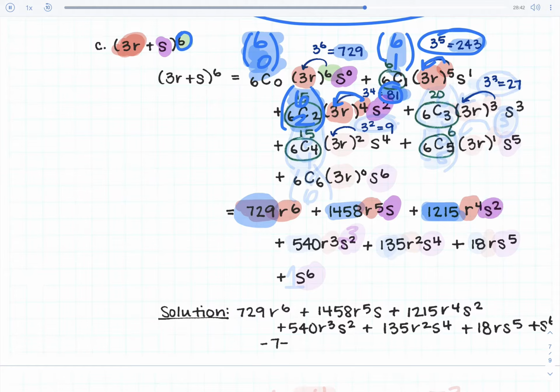Next one, now we're going to take our 3r, and we're going to work our way down even further, down to the 3rd power. So I'll have an r to the 3rd. But that means I need to raise the 3 to the 3rd, which is 27. So I'll take that 27 multiplied by your next combination, which is 6 and a 3, which is actually 20.